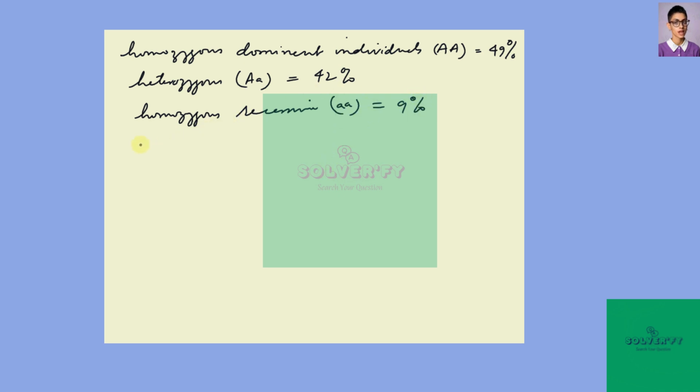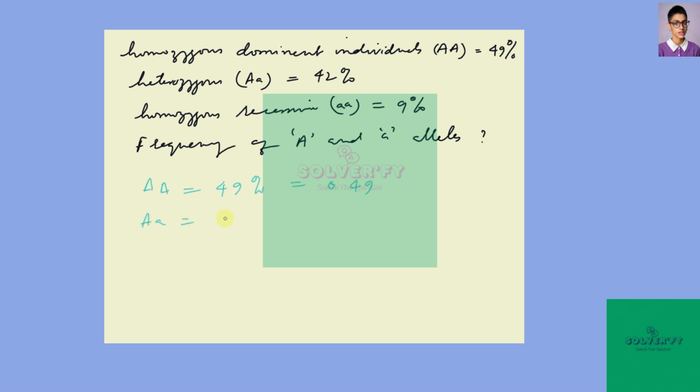Now the question asked is, what is the frequency of the A and a alleles, dominant and recessive alleles? So the proportion of the population with homozygous dominant individuals is 49%, which is equal to 0.49.